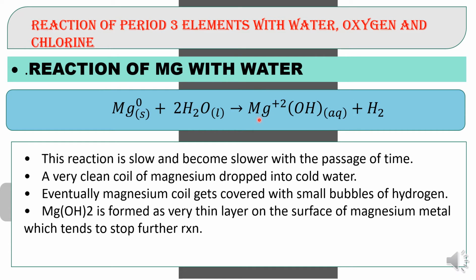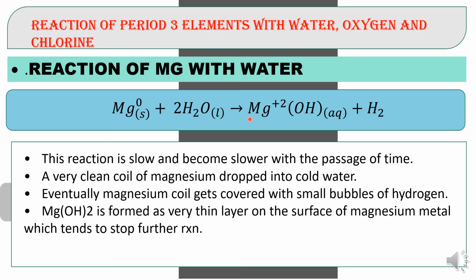It means a lot of energy is required to lose 2 electrons from magnesium. In magnesium hydroxide, magnesium +2 means that magnesium is oxidized twice. Okay, in first ionization magnesium lost 1 electron, and in second ionization magnesium again lost the 2nd electron. So this is why magnesium reaction is very slow as compared to sodium.